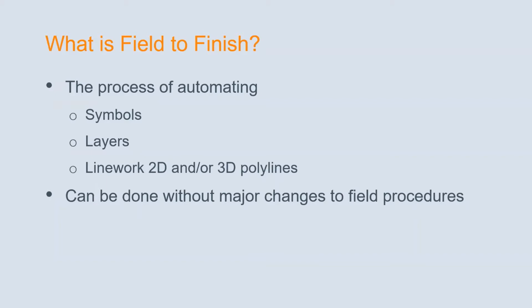And then, do we want to draw line work between these points? And Carlson has the option for us to draw 2D and or 3D polylines, because we've probably all run into the issue at different times where you have a 3D polyline in AutoCAD and you want to try to put a line type on that.